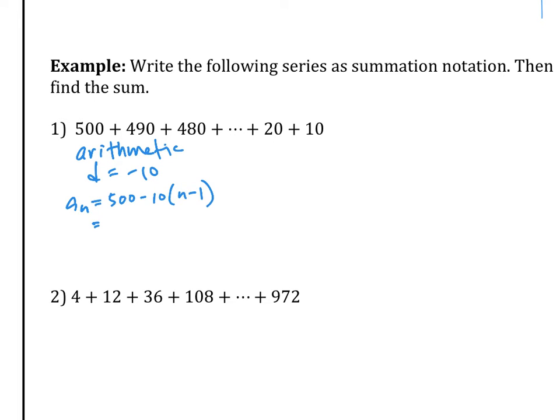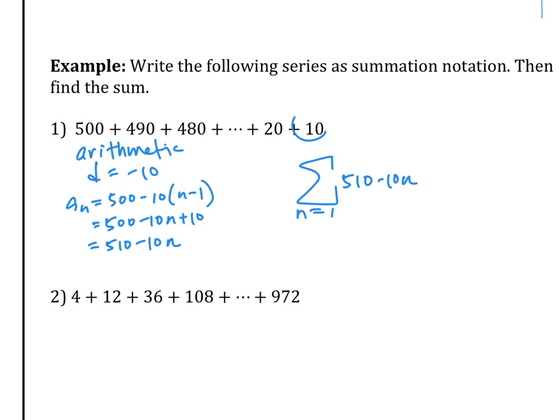And for simplicity's sake, we're going to simplify this. And then we're going to write the summation notation. So the explicit formula goes inside the summation notation. n equals 1, we always just say the first term is number 1. You don't have to start at number 1, but it makes things a lot easier.